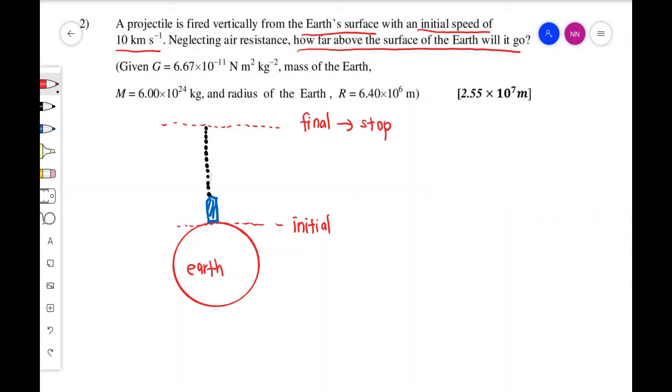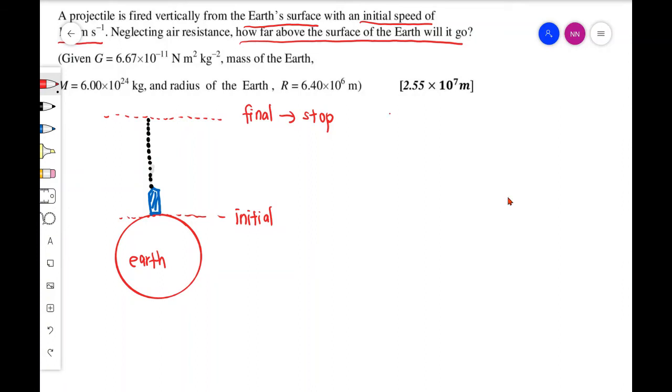Okay. So kita boleh pakai konsep conservation of energy. Total energy at initial position equals total energy at final position. Dekat initial position dia ada gravitational potential energy Ui dan kinetic energy Ki.